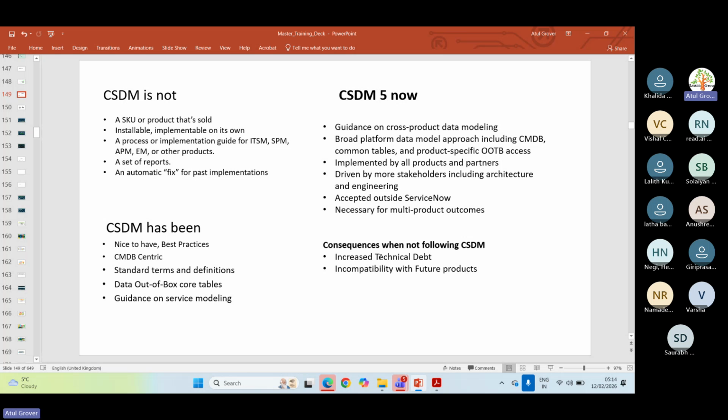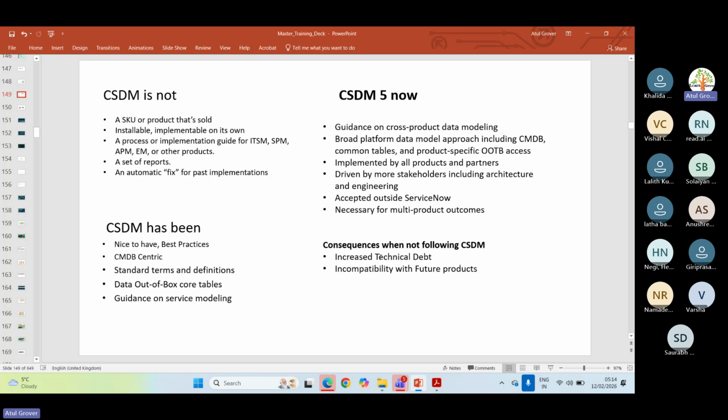Technical debt means you're building unnecessary coding, unnecessary logic, which could possibly be covered by the CSDM.